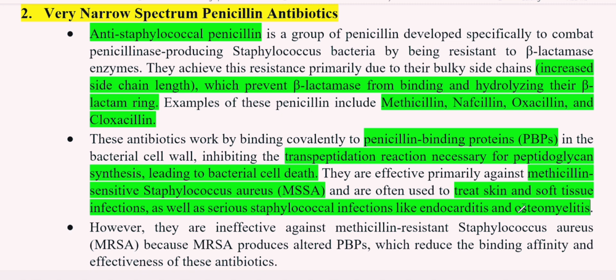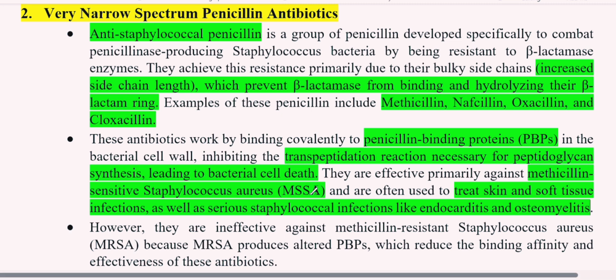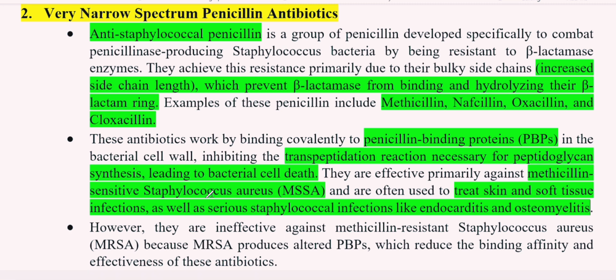They are active against methicillin sensitive Staphylococcus aureus, and they are used to treat skin and soft tissue infections and osteomyelitis. Osteomyelitis means inflammation of the bone, and there are bone problems. Endocarditis means inflammation of the inner layer of the heart. So they are used for such severe infections, and as they are resistant to beta-lactamase, they are found to be useful in these conditions.